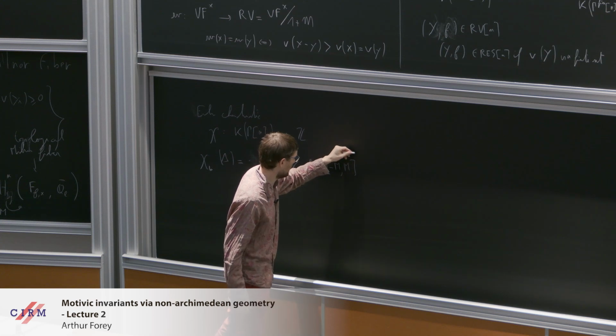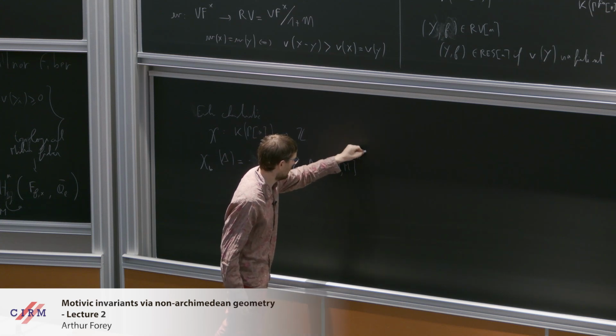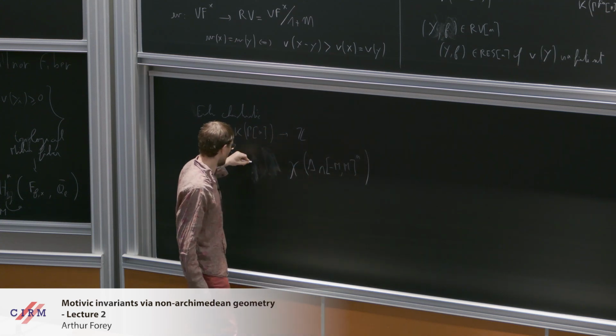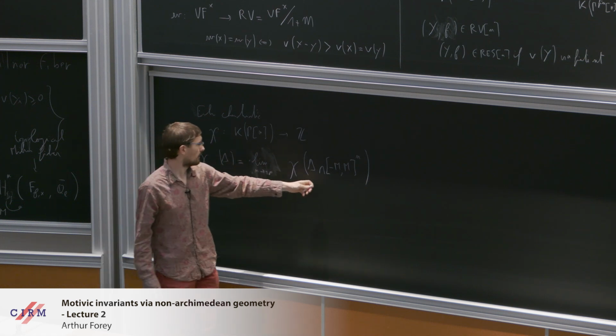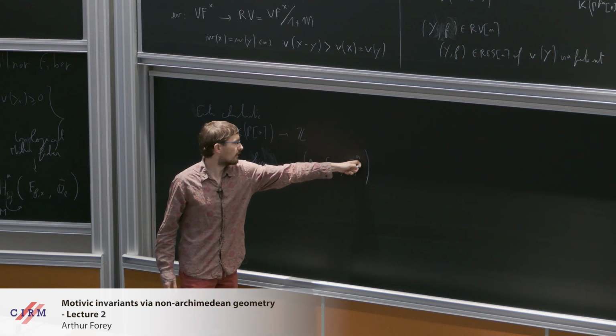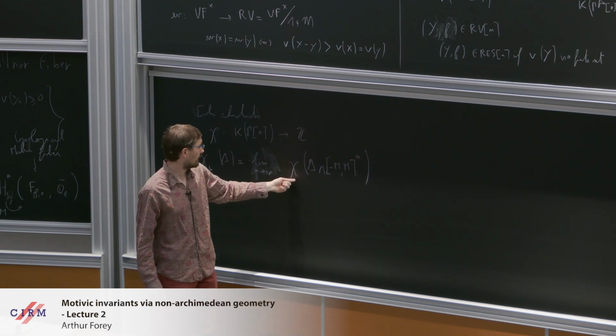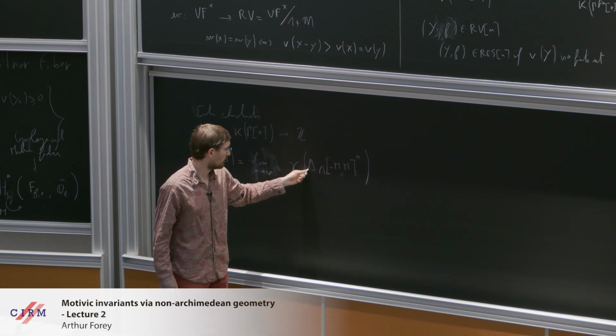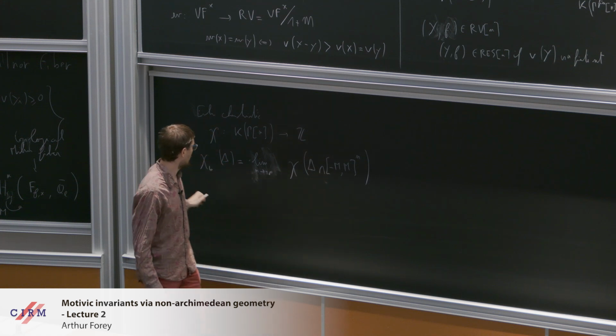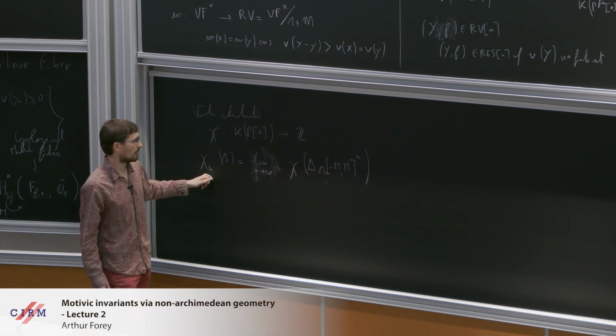Say you are in gamma to the n, and you take a box large enough. I write it as a limit, but it really just means that if the box is large enough, then the Euler characteristic will stabilize, and that's my so-called bounded Euler characteristic.